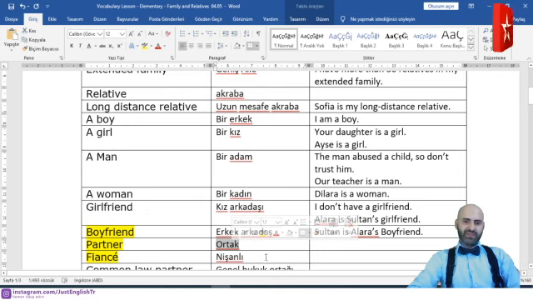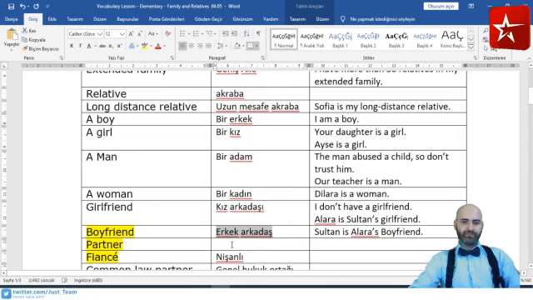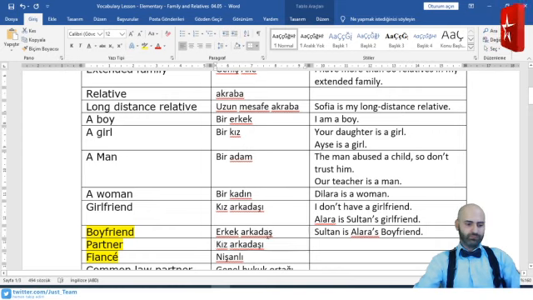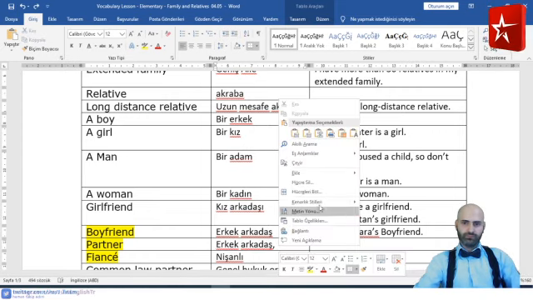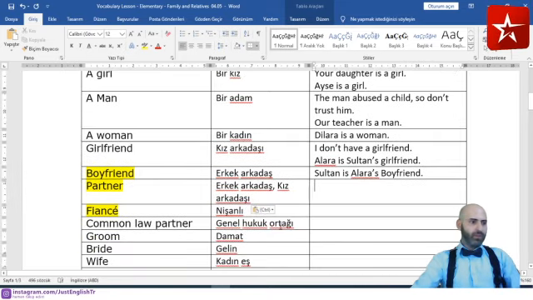I think this translation is not correct in Turkish, so this one should be this or this, both of them. My boyfriend seems serious. Okay, we can write this sentence.